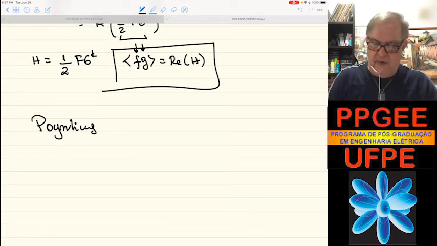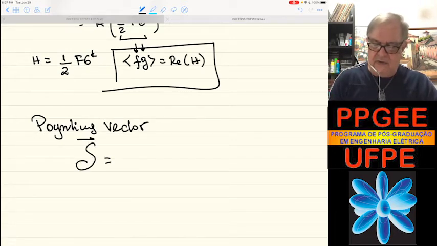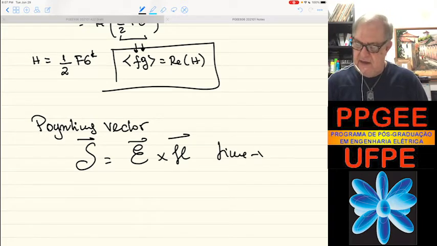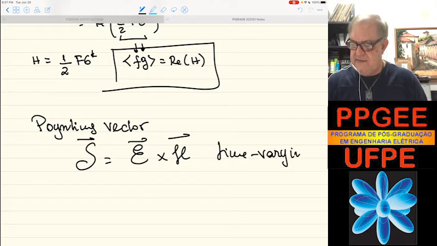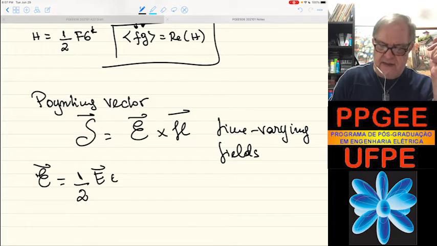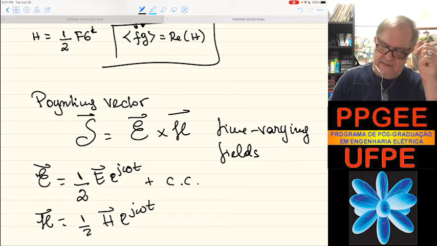Yeah, okay. The Poynting vector for a time varying field, right, equals E cross H. And what we do, I mean, for time varying fields, arbitrary variation. So let's do the same thing. So E equals half of E exponential of j omega t plus the conjugate, and H equals half of H exponential of j omega t plus conjugate, right?